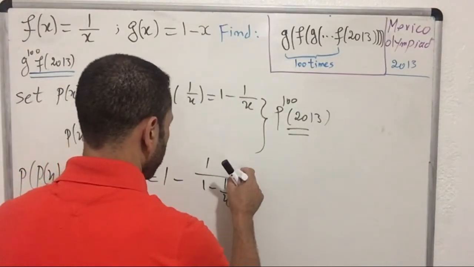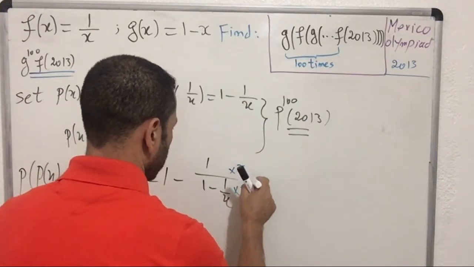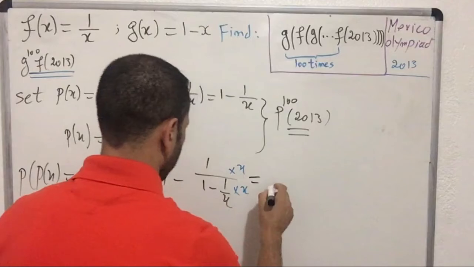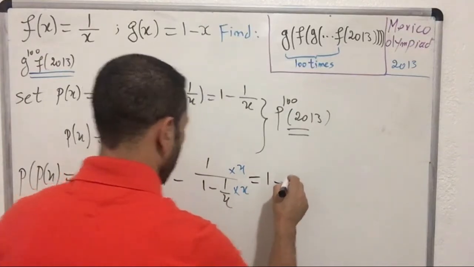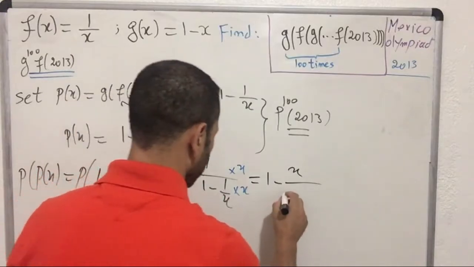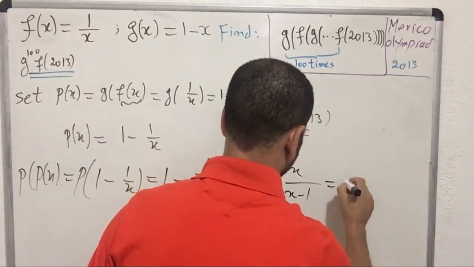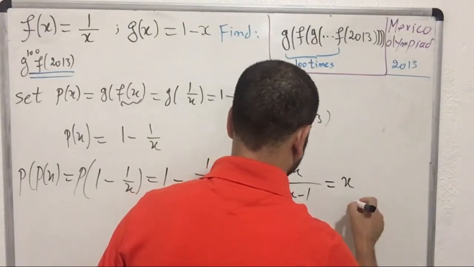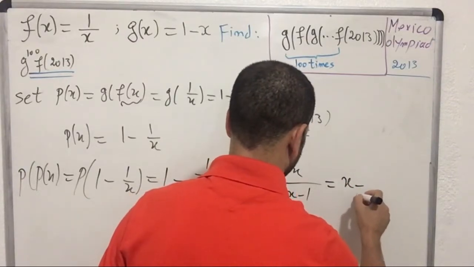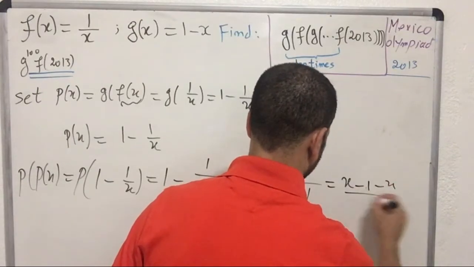By multiplying the numerator and denominator by x, we will have 1 minus x over x minus 1. So now my fraction becomes x minus 1 minus x over x minus 1.